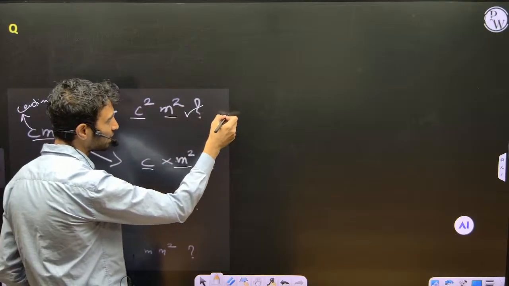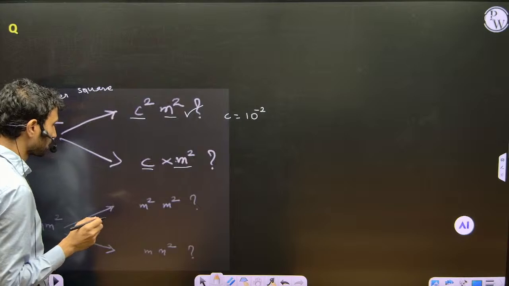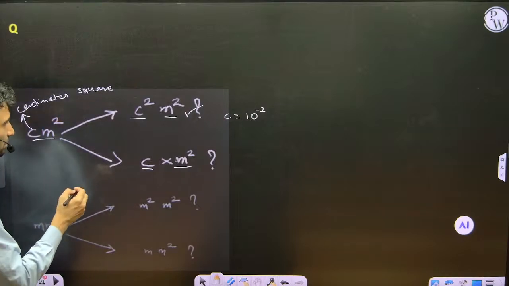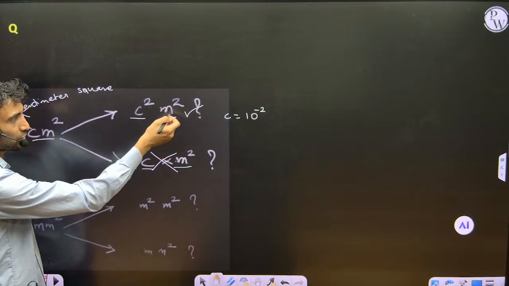And what is the value of centi we saw? Centi is 10 to the power minus 2.